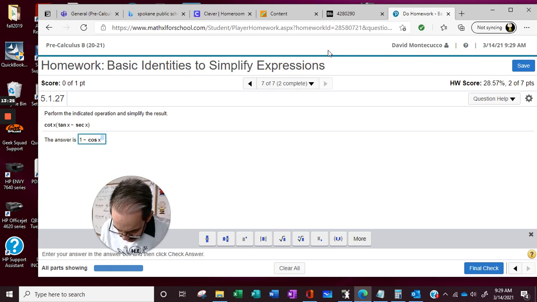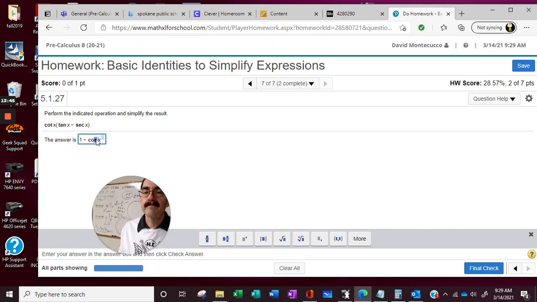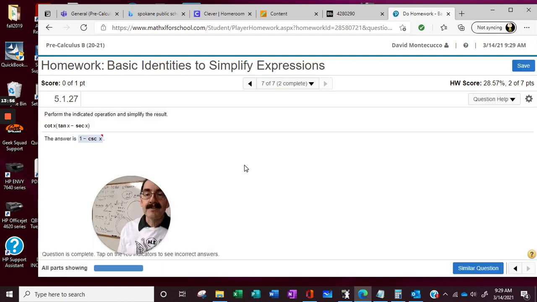Cosines cancel. My mistake was right here: it's 1 over the sine, and 1 over sine is cosecant x. I left that little asterisk, so see how difficult this can be?